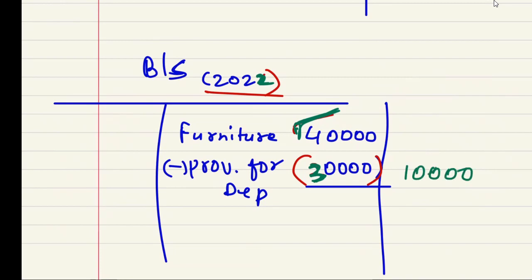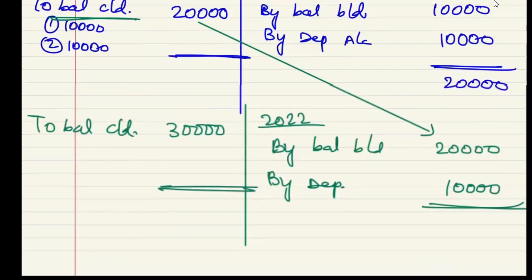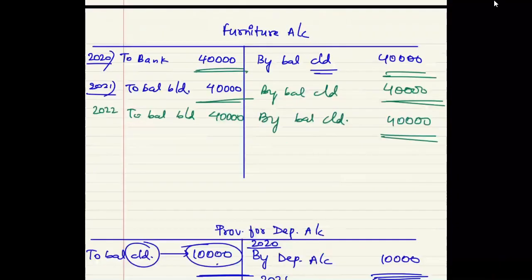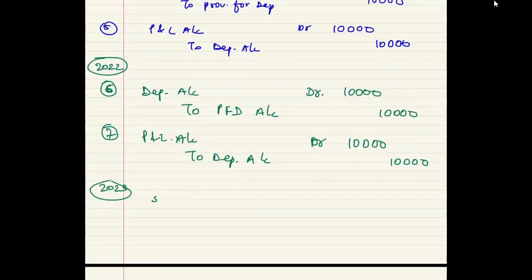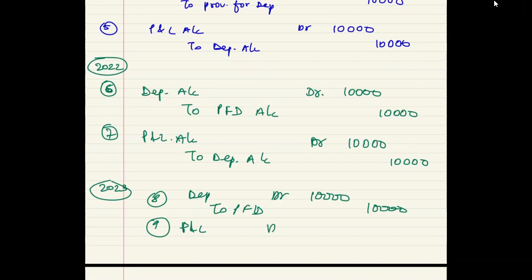Okay, now last year, again the same thing for 2023. Your eighth entry and ninth entry would again be depreciation debit 10,000 to provision for depreciation 10,000, and lastly P&L account debited with 10,000 to depreciation account 10,000.